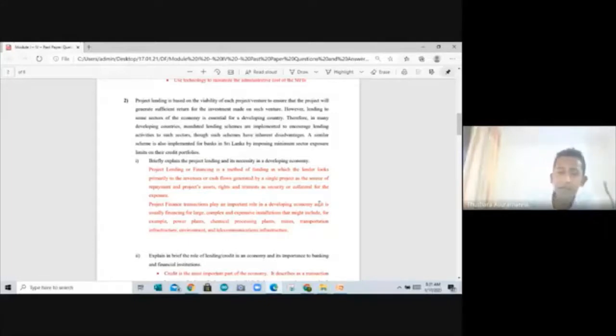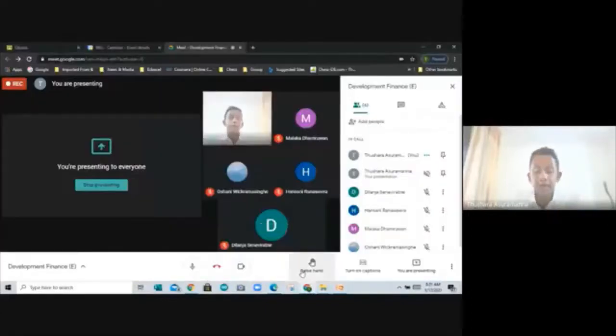or has it covered everything we need to write here? If you were an examiner, would you give full marks to that answer? Dilanji, what do you think? Malaka, Oshani, are you happy with the answer? Let's say you are a marking examiner supposed to give marks to that question. Has the answer adequately covered the question?